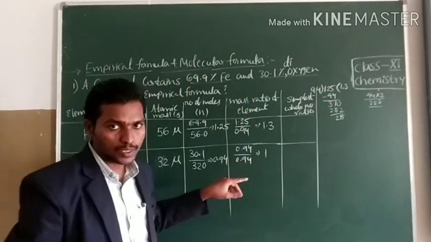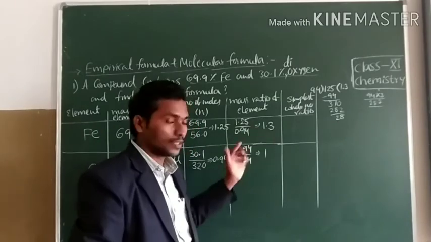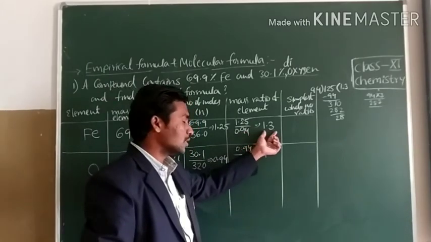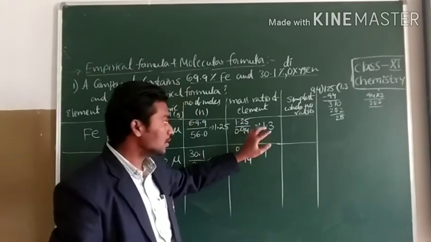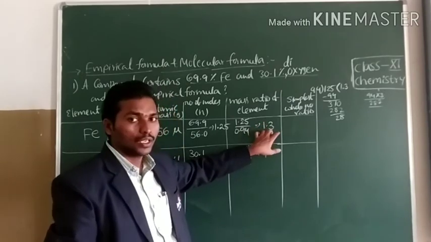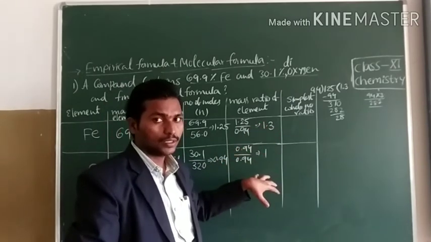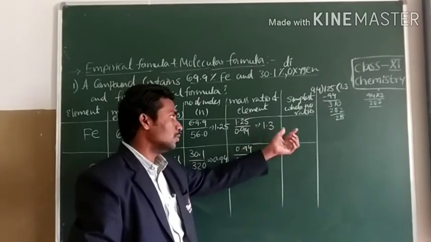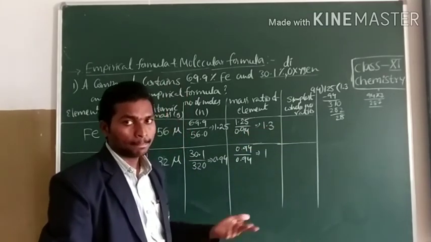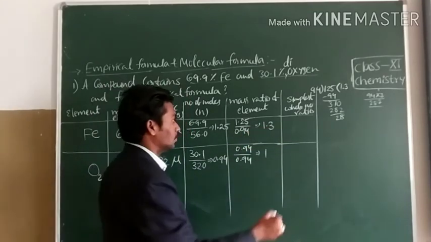In case of decimals or fractions, we have to multiply with a suitable integer, so that the values are converted to the smallest whole numbers.